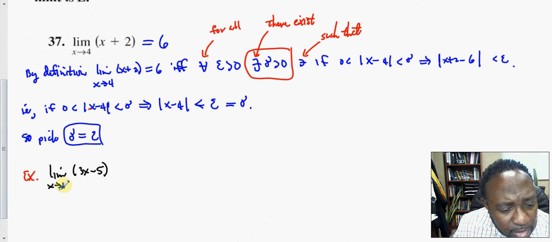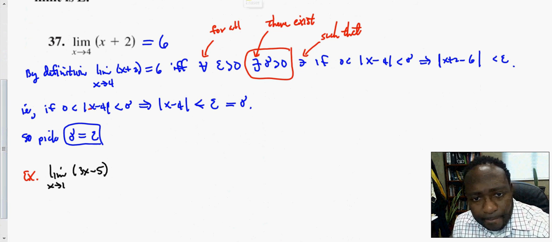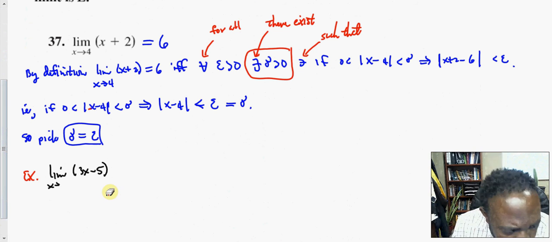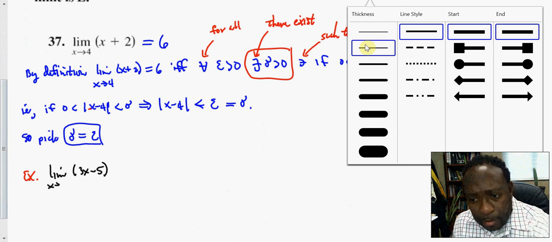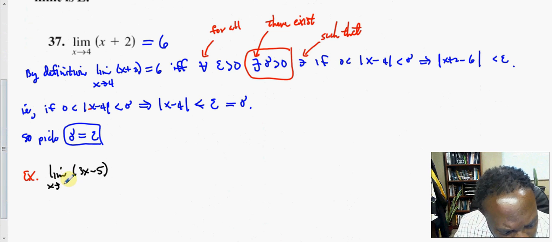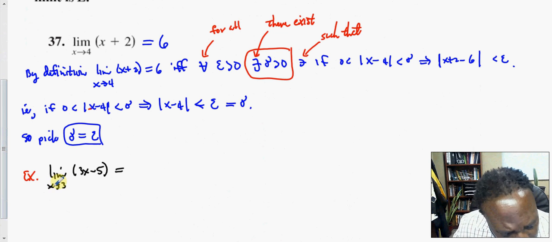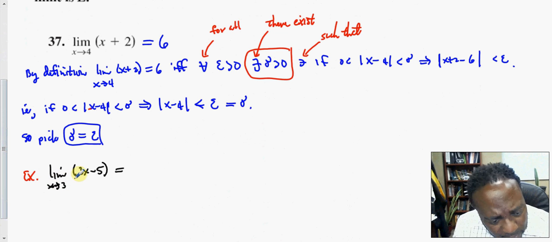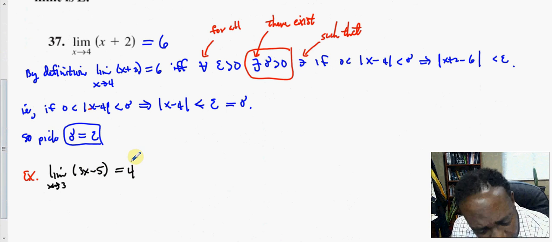Let's say x here will approach, let's say 3 and not 1. Doesn't matter. Plug in x equal to 3, and we get 3 times 3 is 9, minus 5, we get 4.